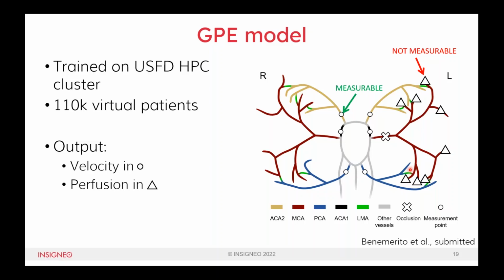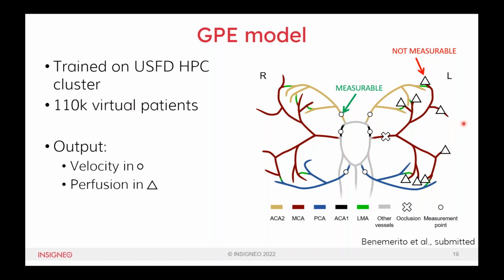But of course, we couldn't simulate all of them using OpenBF because each simulation takes 10 minutes to run, and it would be really unfeasible to explicitly simulate all of the patients. So what we did, we trained an emulator on a smaller data set and generated all these virtual subjects.